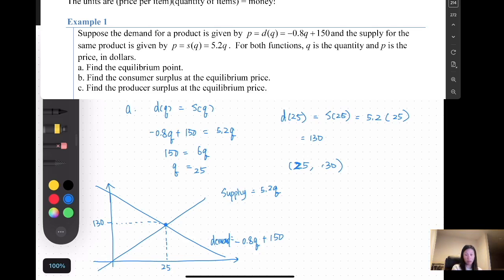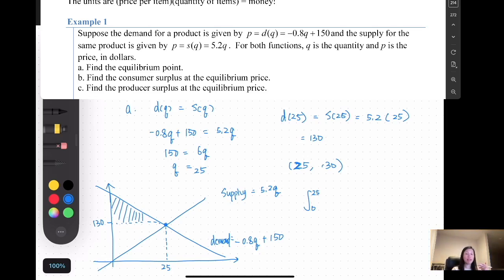Okay, so now part B asks us to find the consumer surplus. So the consumer surplus is going to be the area between the demand and the y equals 130 dashed line. So to find this area, I want to have the integral from 0 to 25.